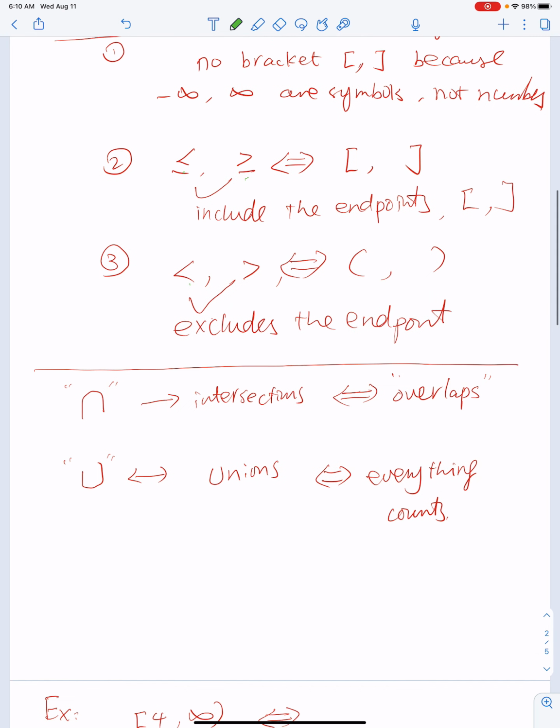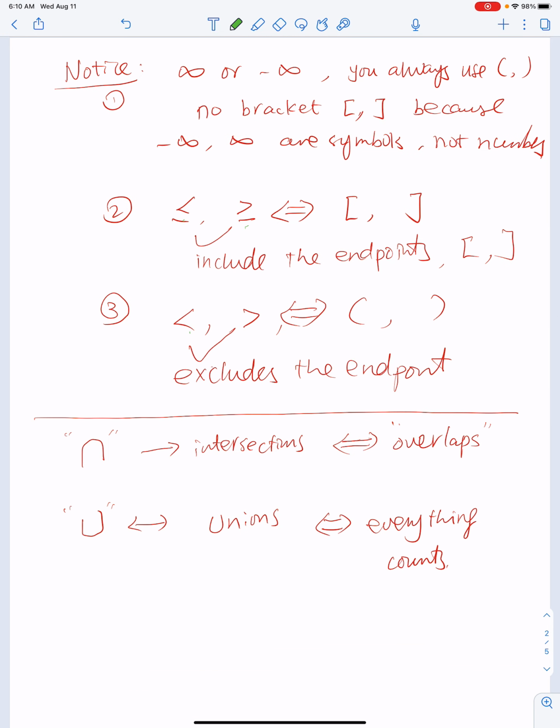So the next definition we want to talk about is the intersection and the union. What does the intersection mean? Overlaps. It's very easy. Think about a male student wearing a shirt, and you also have pants.